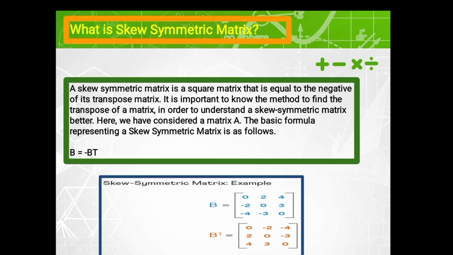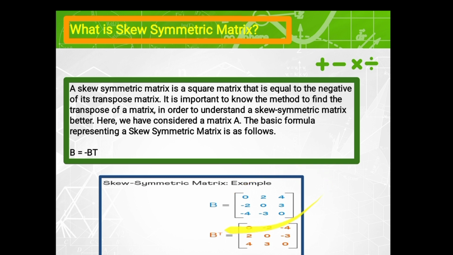As I said, a skew symmetric matrix is a square matrix that is equal to the negative of its transpose. If a matrix is given, let it be B, and we take the transpose, what is meant by transpose? Just interchanging the rows and columns.